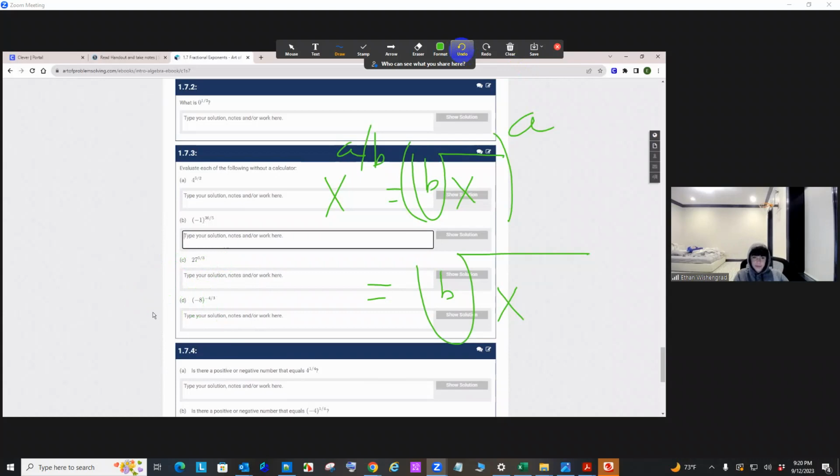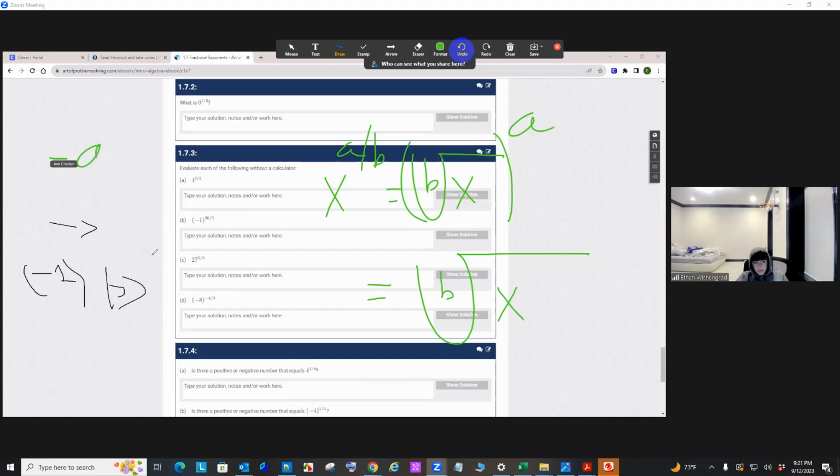Well, the better thing to do, and that's what he told us to do, is if I see negative 7, make it -1 times 7. Yes, that's a good idea. But then if you have -a to the bth power, you make it -1 to the bth power.